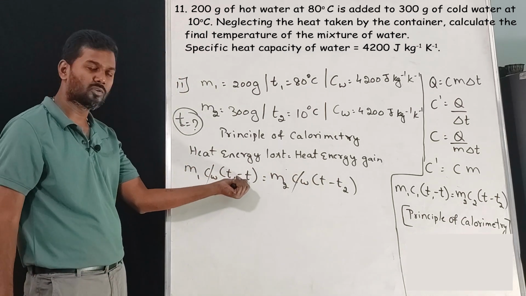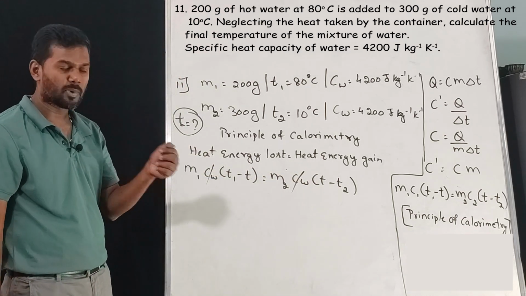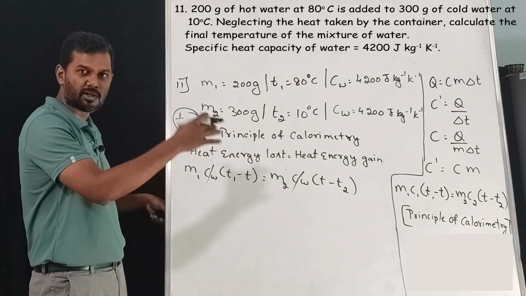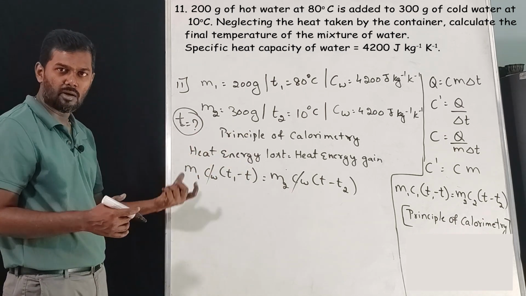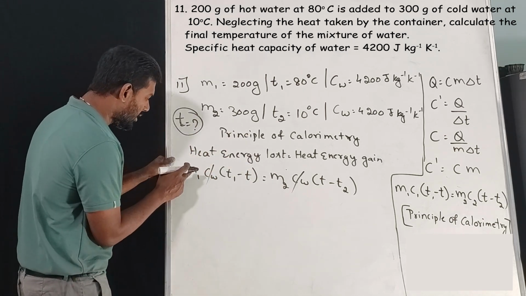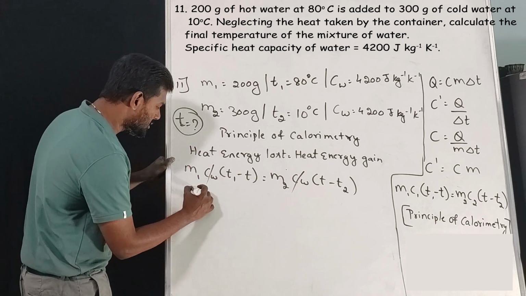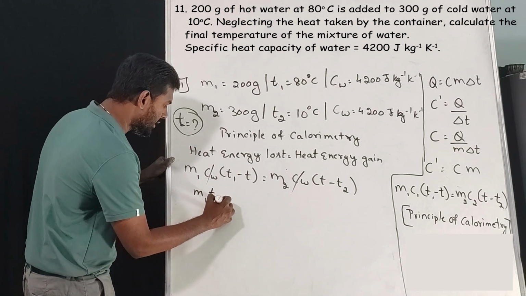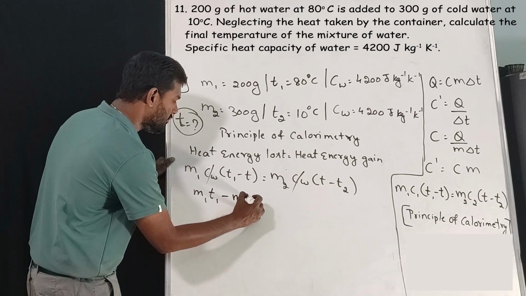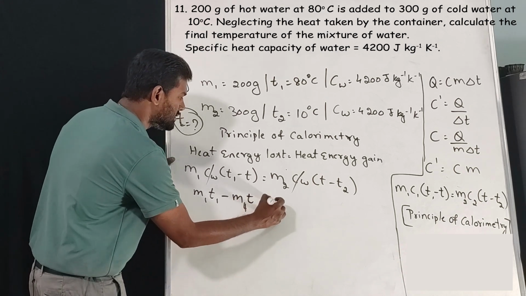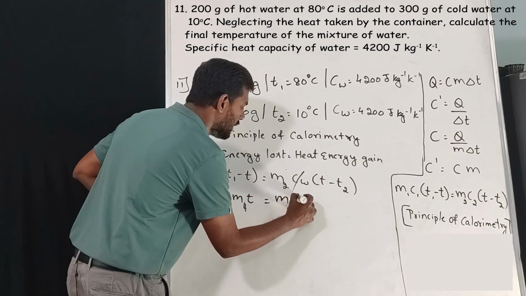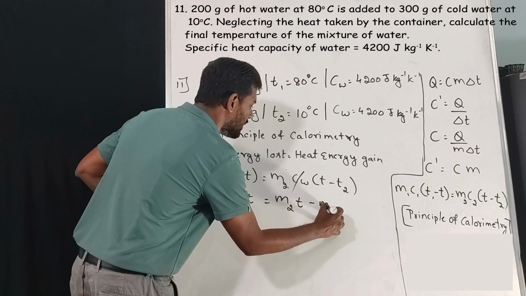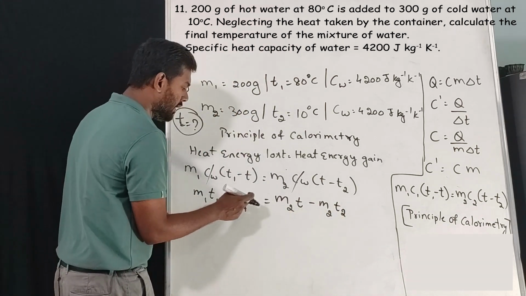Now again we have to expand the bracket. So before substituting the values, we'll get the final formula and get the answer. We are going to multiply this one with both the terms: M1 T1 minus M1 into T is equal to M2 into T minus M2 into T2.